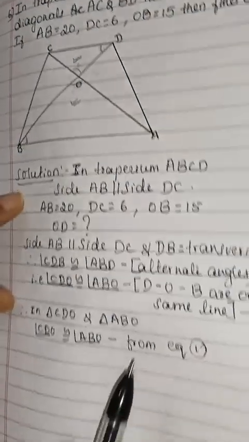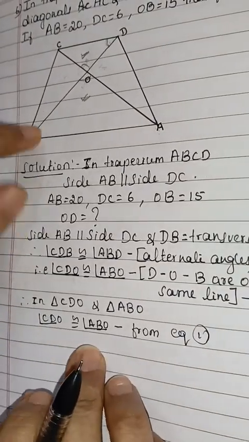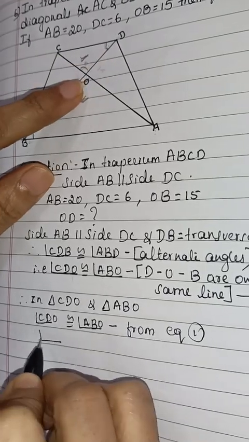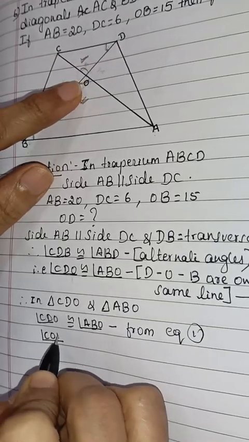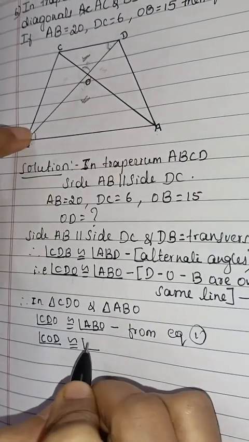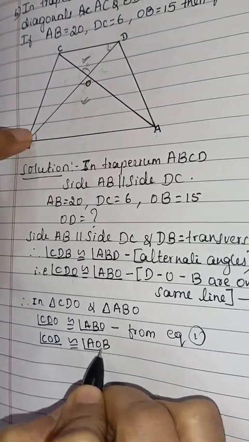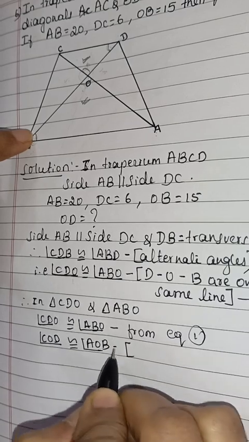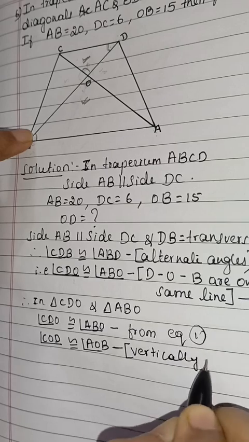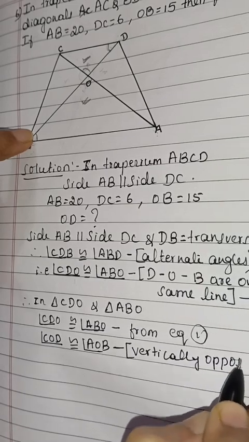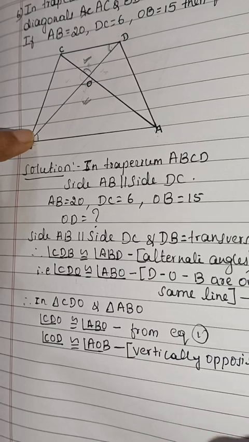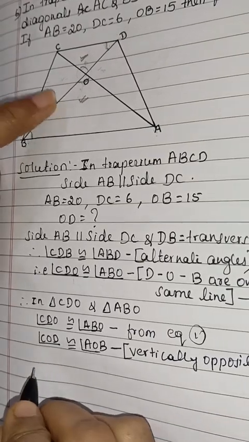Okay, from equation 1, we get another angle: angle COD is congruent with angle AOB because they are vertically opposite angles.